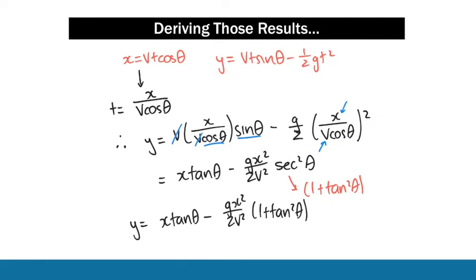And I'm not going to do the rest of the working, but what this essentially is a quadratic equation in terms of both x and theta, or tan theta specifically. This is something you'll do a fair bit depending on the application, so make sure you are aware of this conversion here, this sec squared to 1 plus tan squared. That's a really important thing to know, or at least have seen, to have in your toolkit.